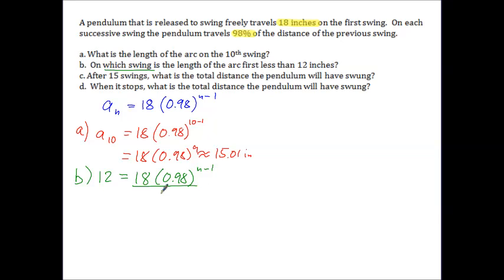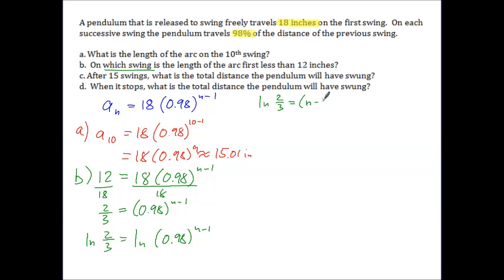First, we're gonna divide both sides of the equation by 18, and we get 2/3 is equal to 0.98 to the power of n minus 1. Now take a log. Any would work, but I'm taking the natural log of 2/3 and the natural log of 0.98 to the power of n minus 1, which means that we can bring down our exponent now. ln of 2/3 is equal to n minus 1 times ln of 0.98.